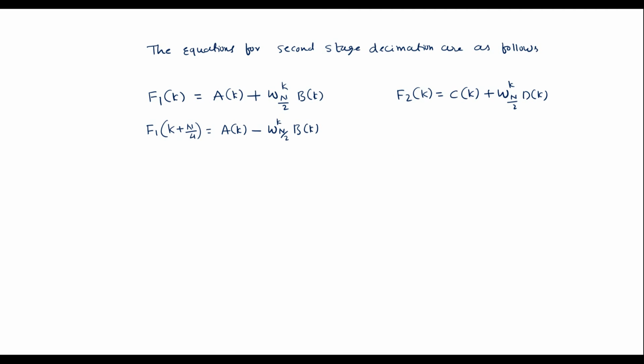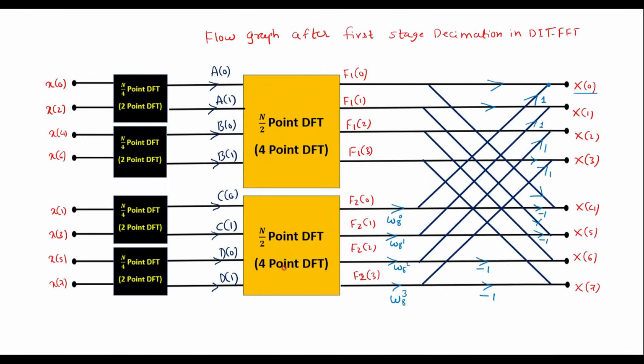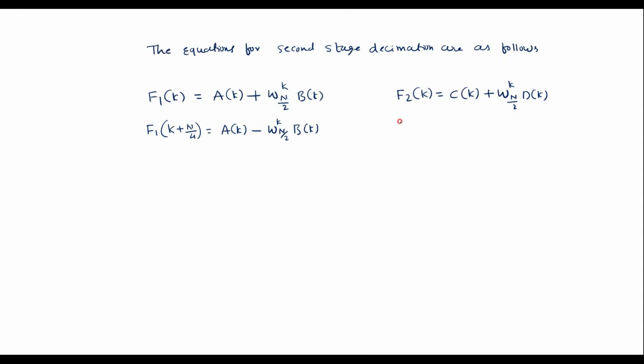Similarly, for the other 4-point DFT, I can write this equation as f2 of k plus n by 4 is equal to c of k plus w n by 2 power k d of k.